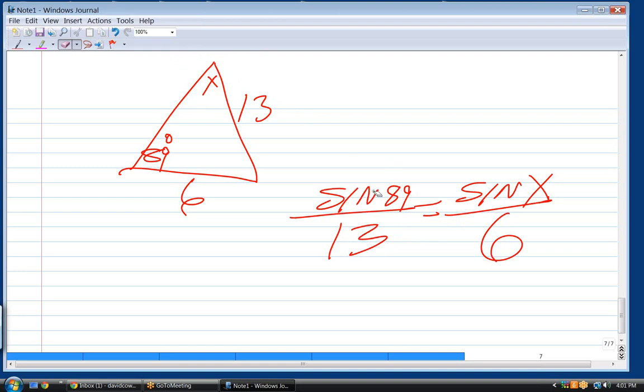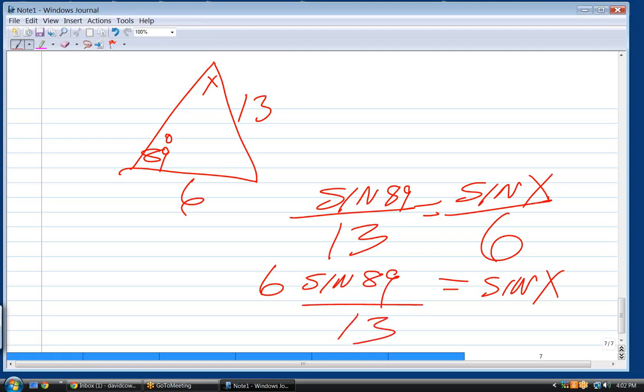So now, what's the next step? Sine of x equals what? It's sine of x times 13 equals 6 times the sine of 89. Back up one step. You don't need to cross multiply here. You don't? No?